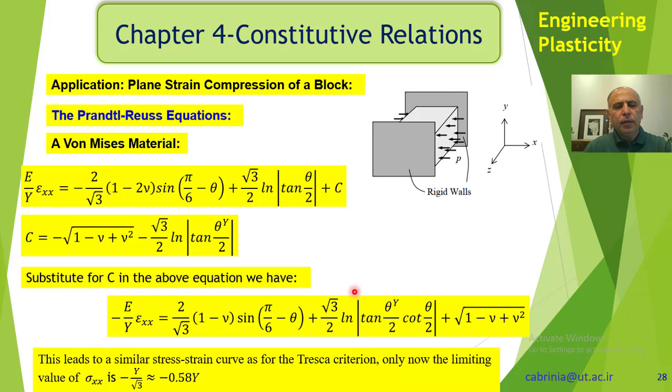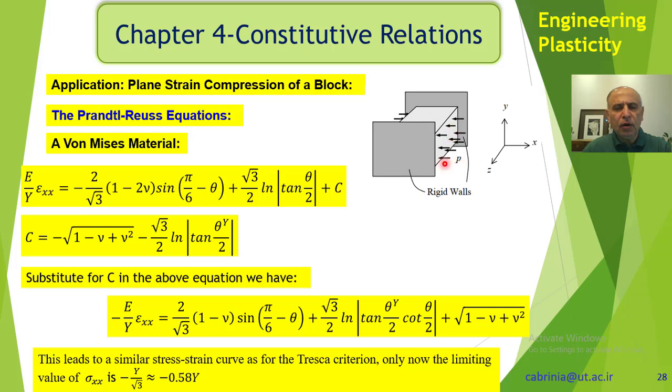In here, for instance, if we assume a rigid plastic material, it means that as you increase the stress according to our flow rule, it flows in the y direction, and the stress does not increase, remains the same. Okay, so you can get the epsilon xx from here.